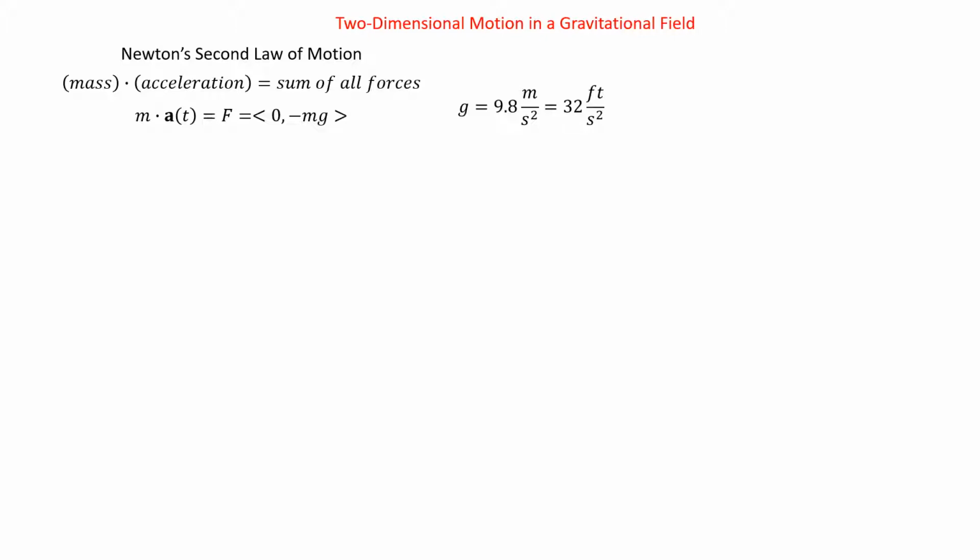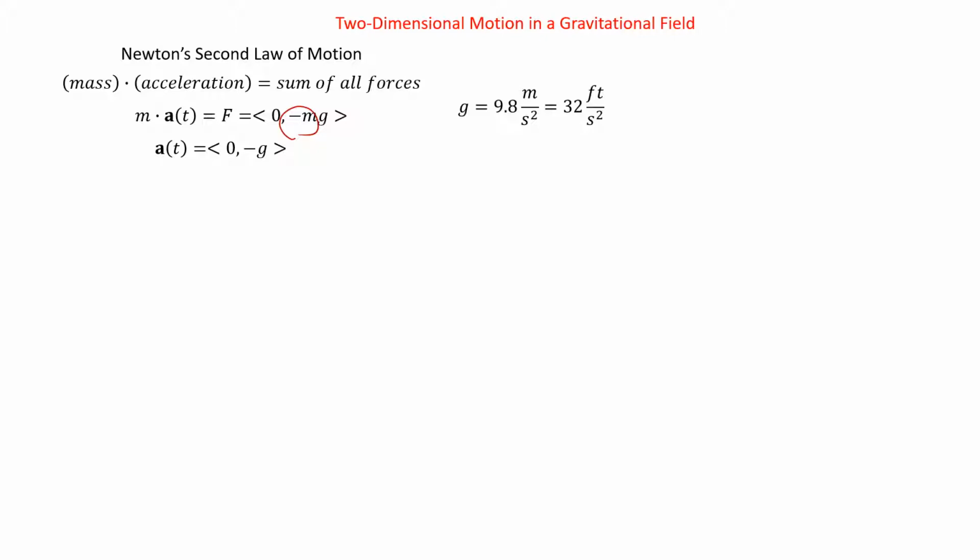Depends on what kind of units you're working in. I would imagine probably the 9.8 is going to be more consistent, but you never know. Sometimes I put that as negative 9.8, negative 32, but notice here we already have a negative in our equation. So the gravitational constants can be positive.